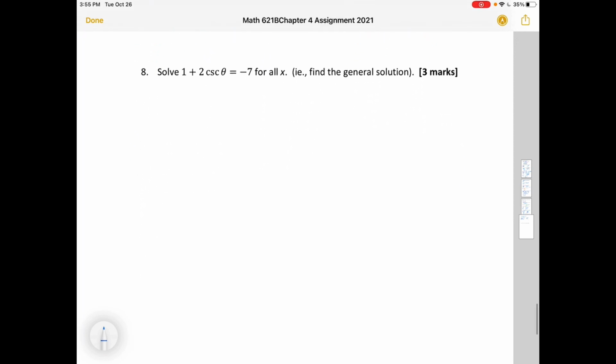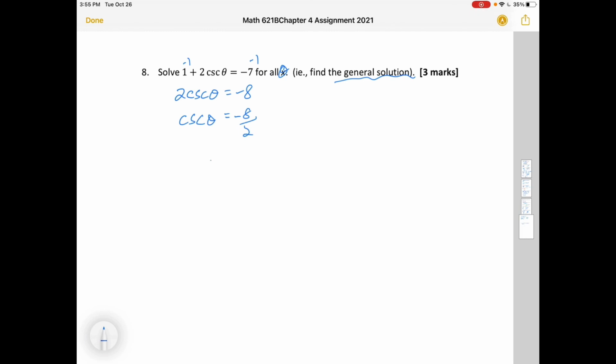Lastly, we've got one that we need to solve. It should be really for all theta, not for all x, but it's the general solution. That's what we want. It's also annoying, though, because it needs to be rearranged. So first off, let's move this 1 over. So we'd get 2 cosecant theta equals negative 8. We can divide by 2, so we'll get cosecant theta is negative 8 over 2.